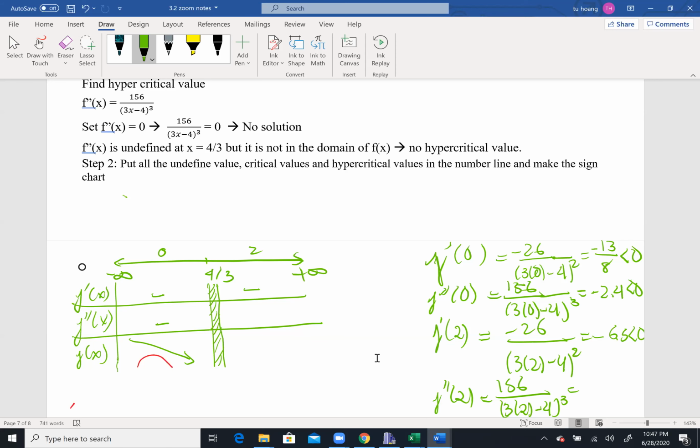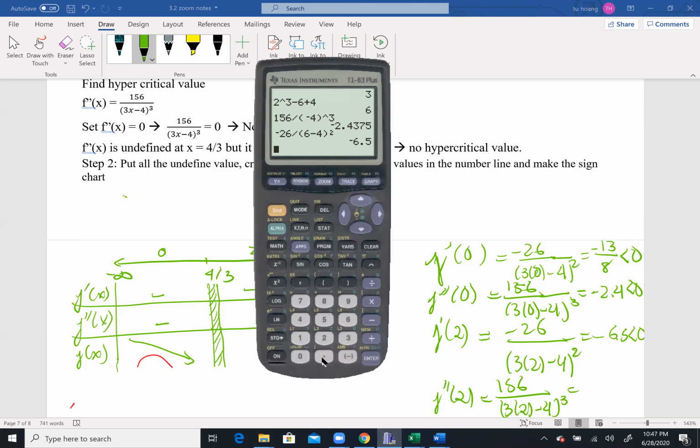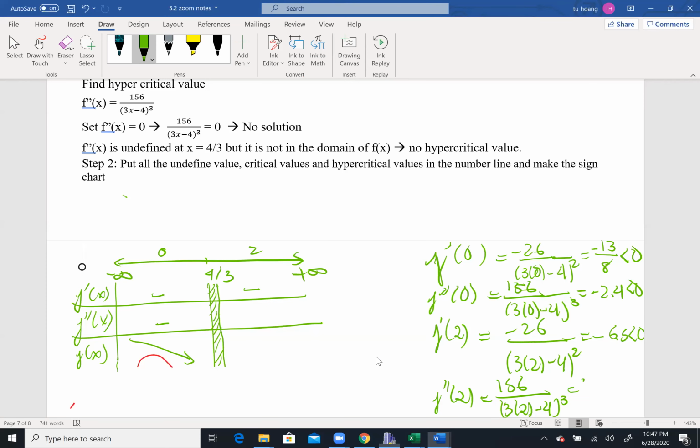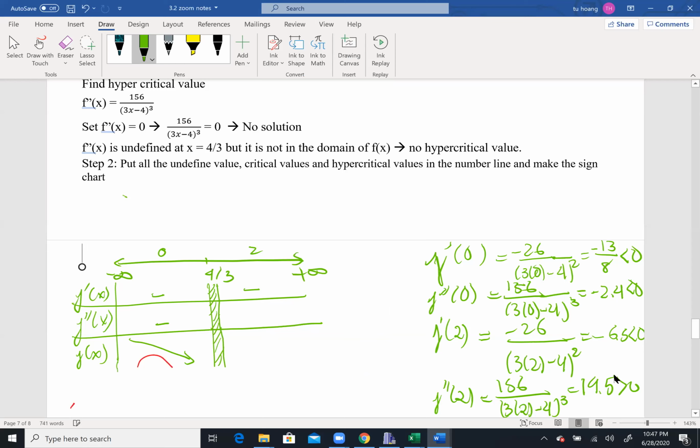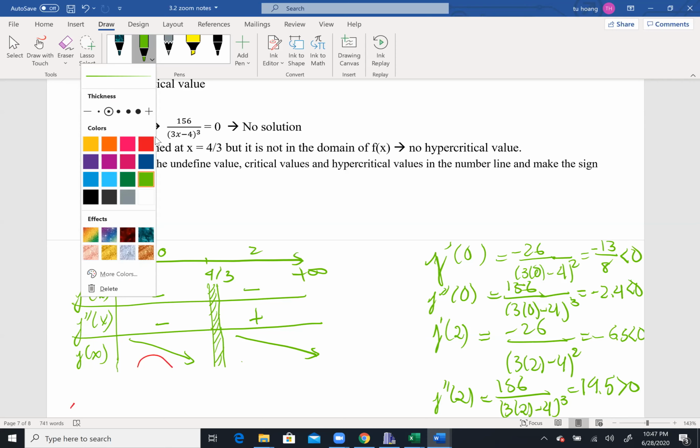So 156 divided by 8 is 19.5, which is greater than 0. So it's positive here, and then you have decreasing, but for the concavity, this has to be concave up.